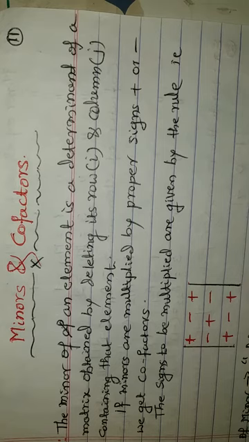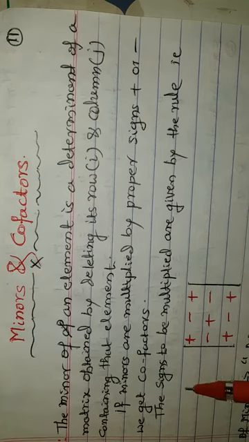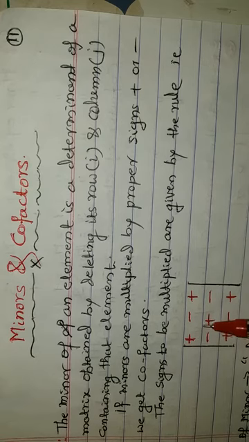If the minors are multiplied by the proper signs, plus or minus, we get the cofactors. The signs to be multiplied are given by the rule: plus, minus, plus; minus, plus, minus; plus, minus, plus. Yes?